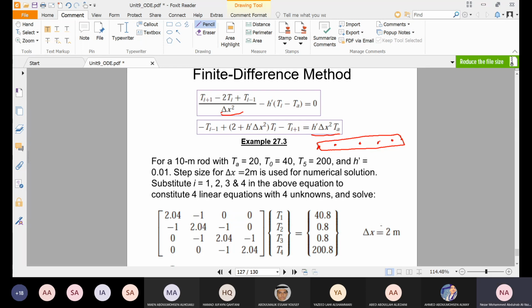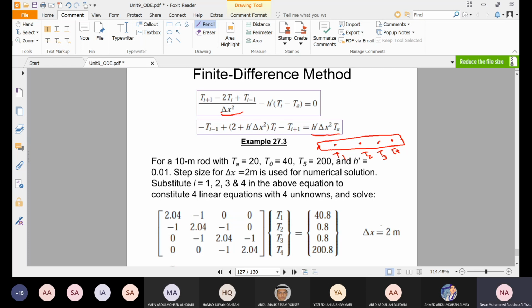So inside we have 4 points that we want to compute: T1 at 2, T2 at 4, T3 at 6, T4 at 8 meters, and then 10 meters will be at the boundary, and this should be known.